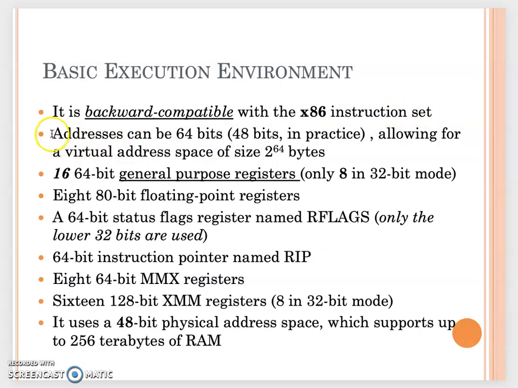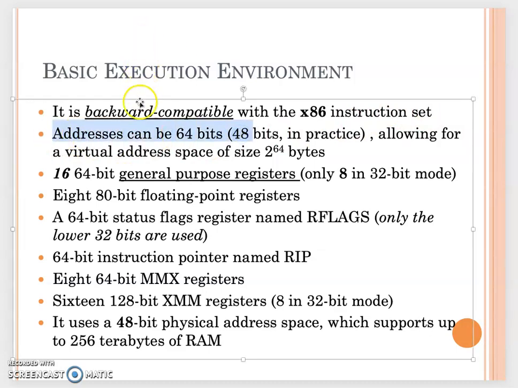Later we will also show you that the general registers in the 64-bit environment are also extended to 64-bit. So they can allow a virtual address up to 64 bits, because you are using 8 bytes to hold the memory address.